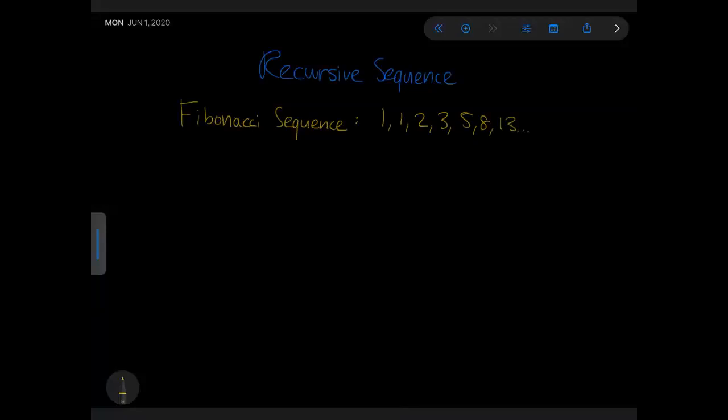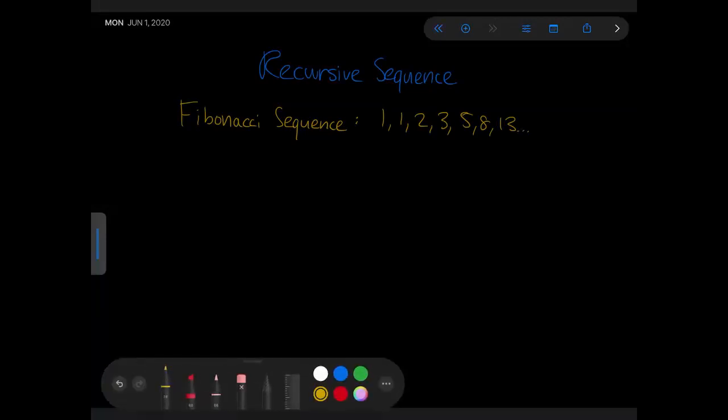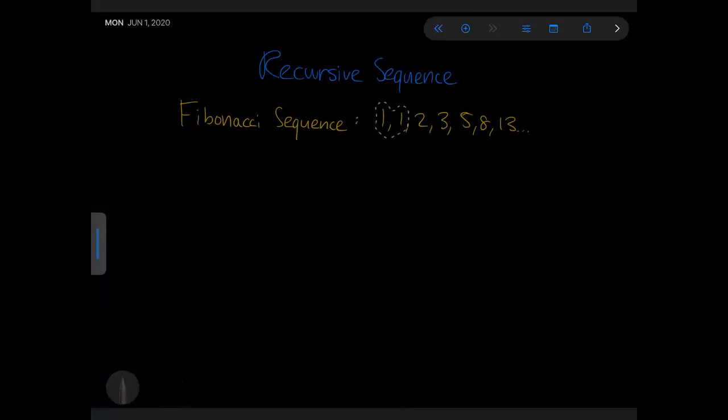You know how it goes. So what makes a recursive sequence a recursive sequence? When we say recursion, we mean that we're using previous terms to generate current terms.